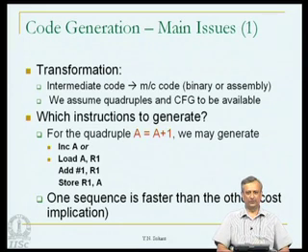What are the main issues in machine code generation? Machine code generation is a transformation. It transforms intermediate code to machine code, and machine code we can say is either binary representation or assembly language representation.